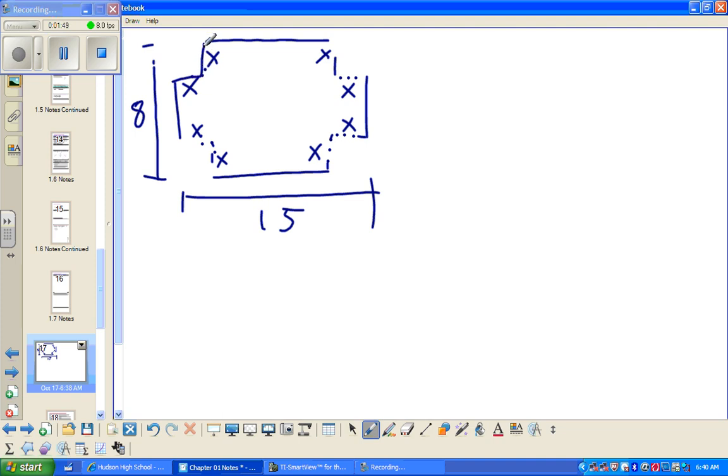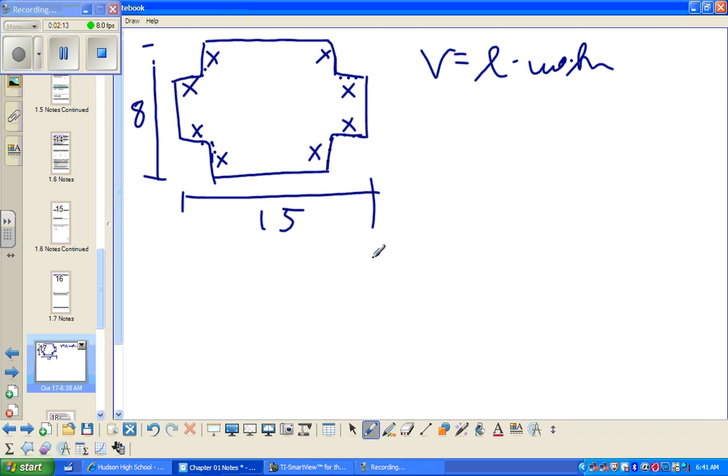Your task is to find the volume of this box. Hopefully you remember your volume formula. It's just going to be length times width times height. But we want that in terms of x.